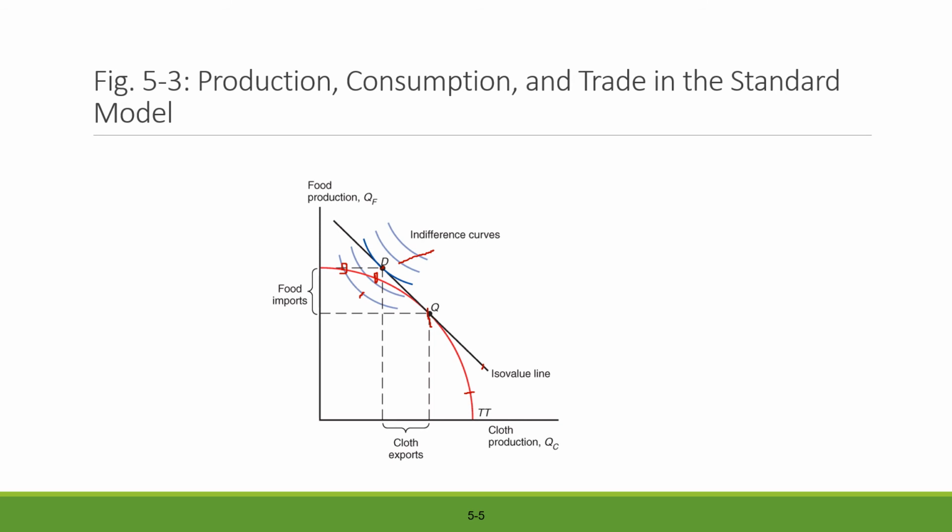Again, when we are consuming at point D and we are not producing it, where do we get this excess, or where do we get the shortfall completed from? Look at the difference between the two. When we are producing at point Q, our total quantity for cloth is at QC, you may call it QC dash. So we are producing at this point, but our actual consumption is much lower than that. We are consuming less cloth as compared to what we are able to produce.